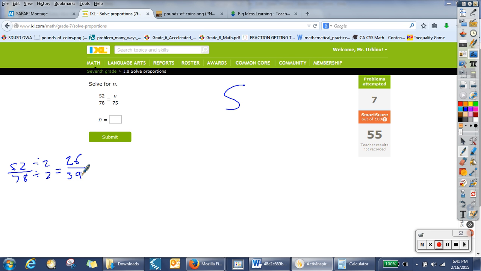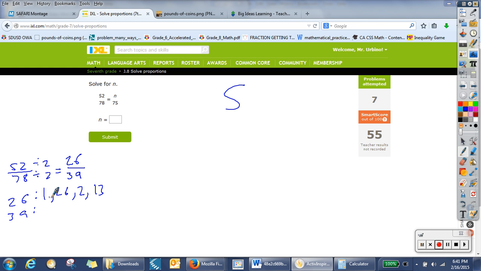Can I do this evenly? I know I can't. 26 is divisible by 2, but 39 is not divisible by 2. I have to think about what numbers I can multiply by. So I know that 1 times 26 will give me 26. 2 times 13 will give me 26, so 26 divided by 2 will give me 13.